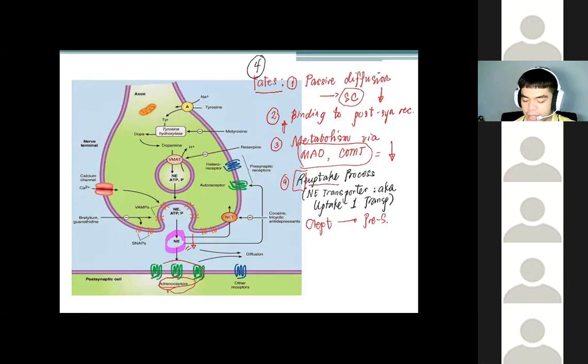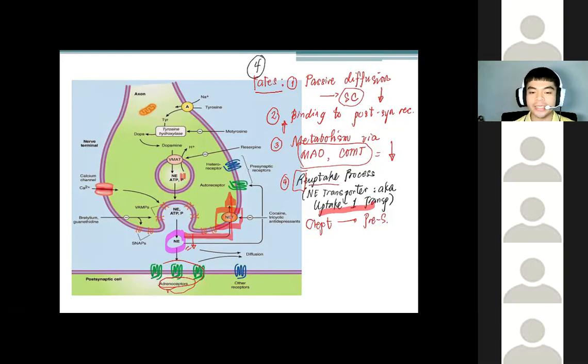You can see that in the presynapse, we have NET, the norepinephrine transporter. So when we say reuptake, ang norepinephrine in the cleft, bumabalik siya sa presynapse via the transporter NET or uptake 1. And once bumalik, nai-store siya ulit sa vesicle.